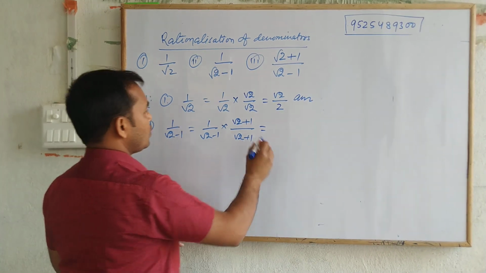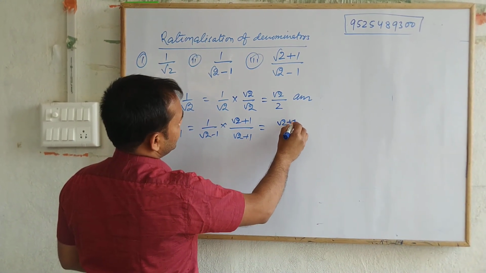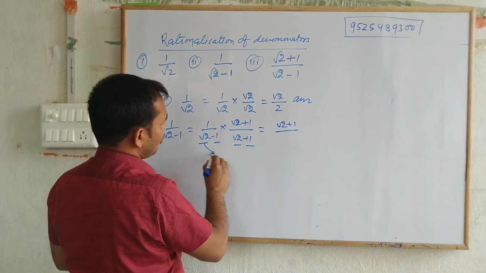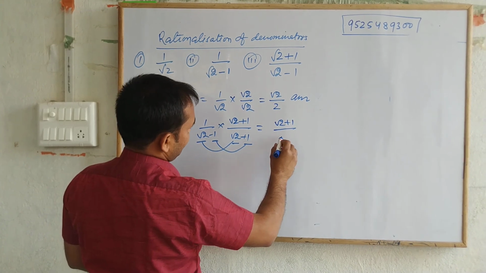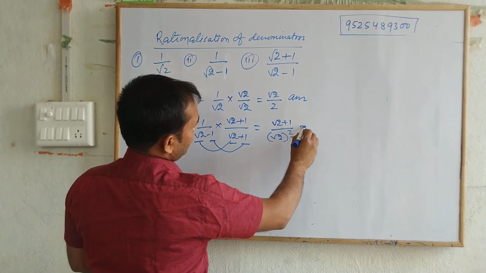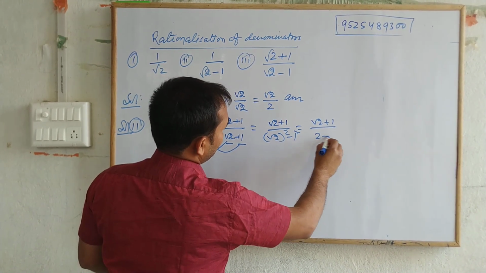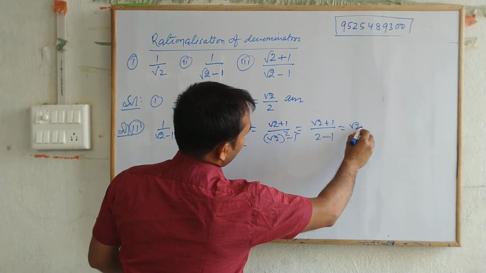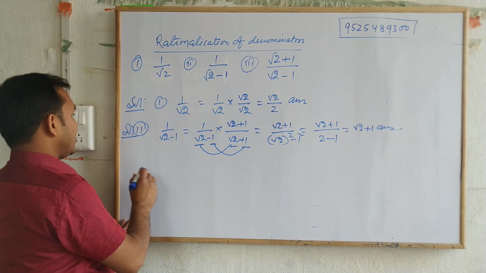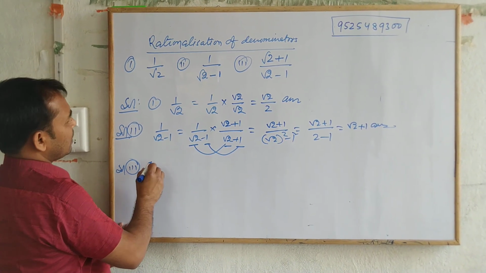Multiply this term by this, so root 2 plus 1 by, here a minus b, a plus b, so a square minus b square. Here root 2 square minus 1 square is equal to root 2 plus 1 by 2 minus 1, which is equal to root 2 plus 1. This will be the answer.